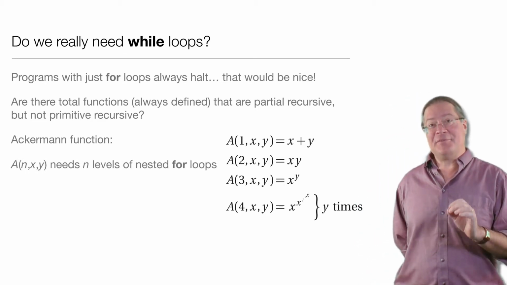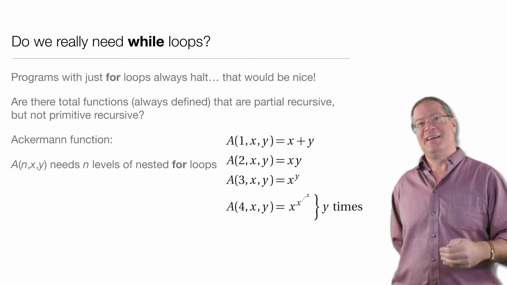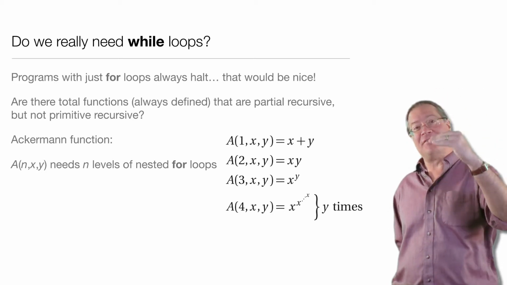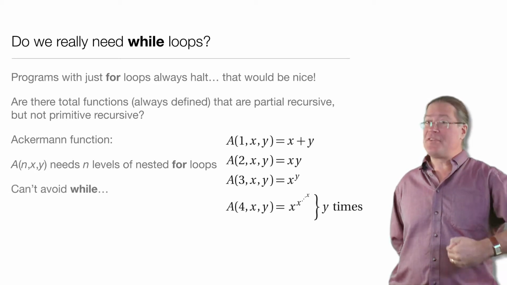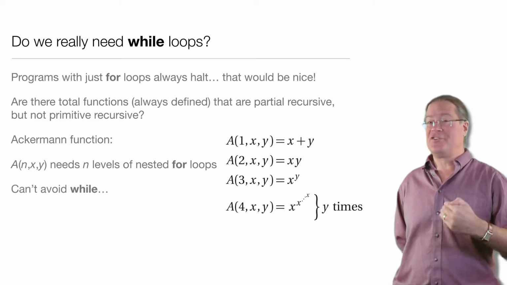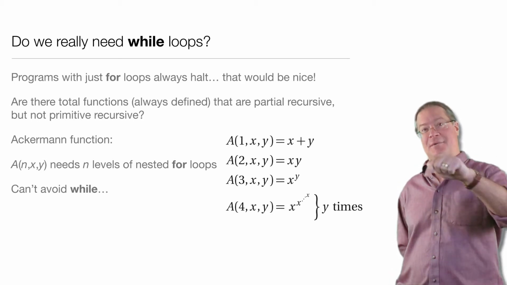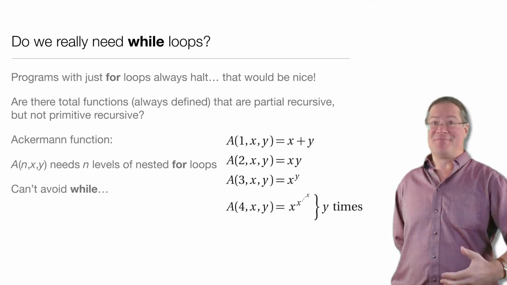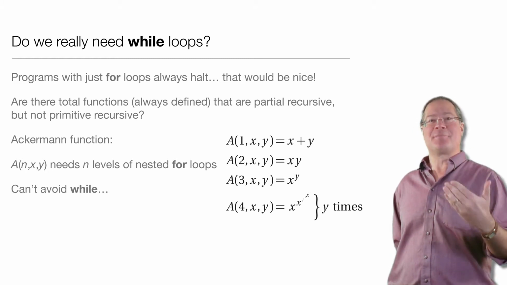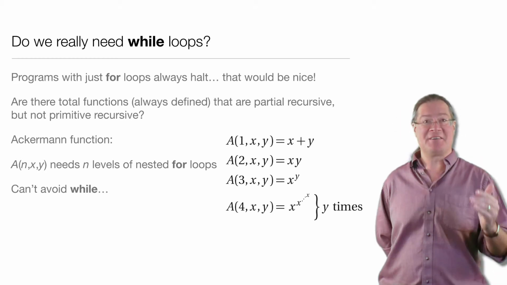Well, the Ackermann function for the nth level, it can be proved, needs n levels of nested for loops living inside each other. But that means that there is no program written just with for loops which computes A of n comma x comma y for any value of n, because you would have to modify the program, adding more and more levels of for loops, and well, you can't do that.